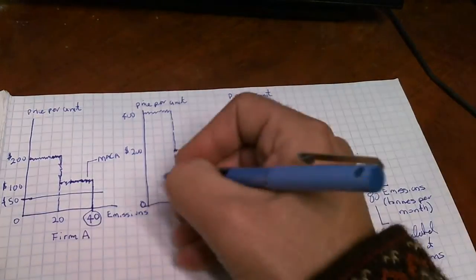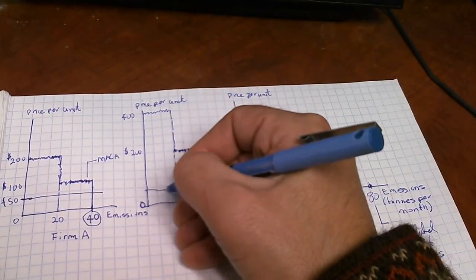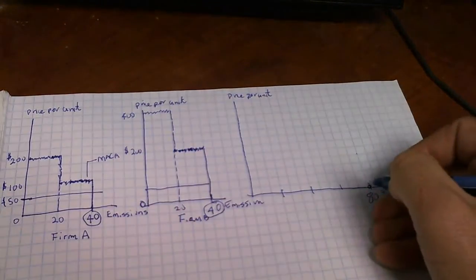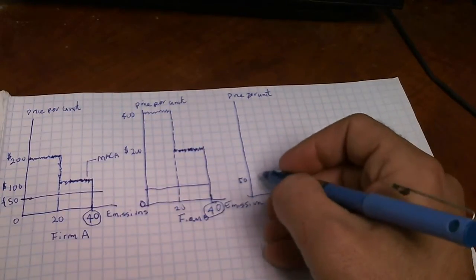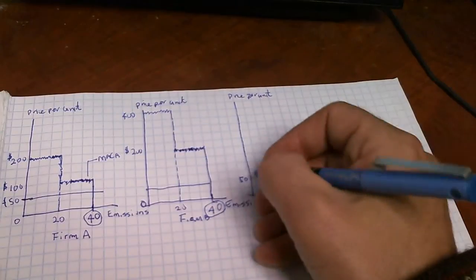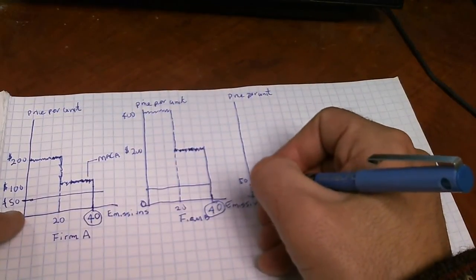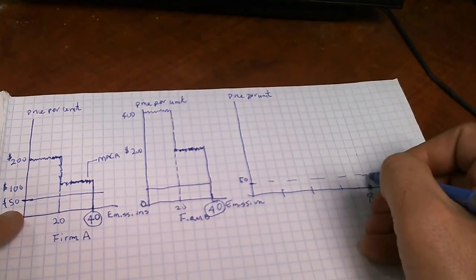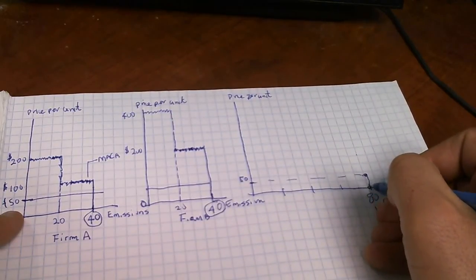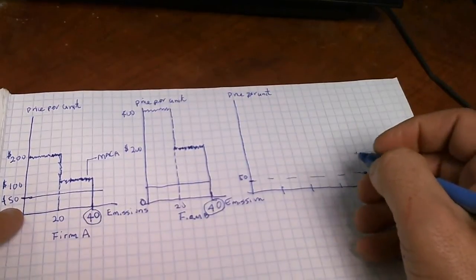No, I won't do it. Well, if this firm won't do it, of course this firm will not do it either. So I should put it right about here: $50. None of the firms will reduce at $50. That's not enough of an incentive for them.